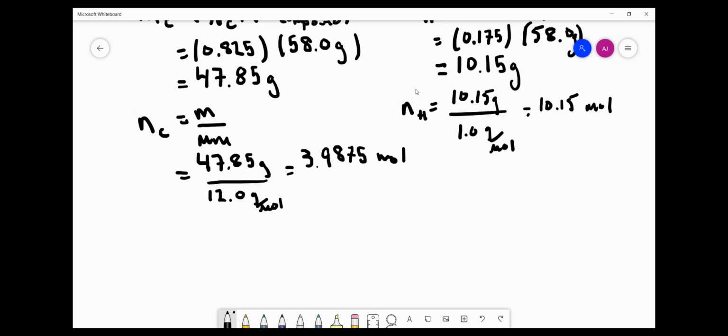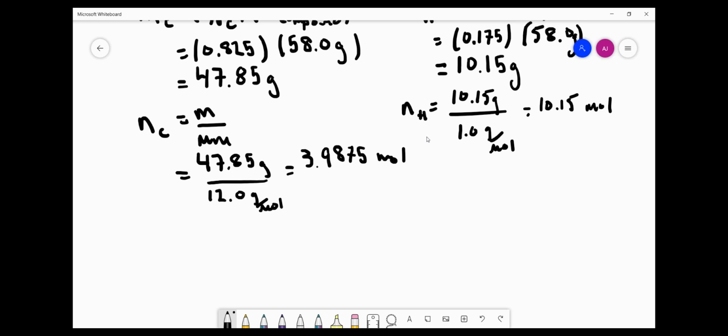Now we reach the key point in this method. You'll note that my two values are very close to whole numbers. Because of the way the mole is defined, the mole ratio of atoms in 1 mole of the compound is going to be the same as the ratio of atoms in a single molecule.